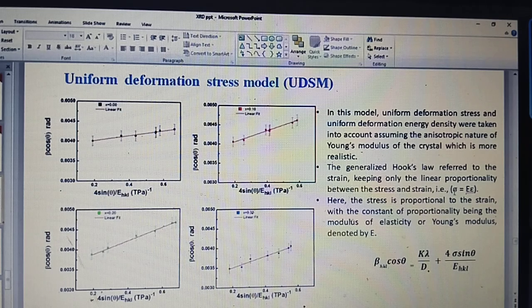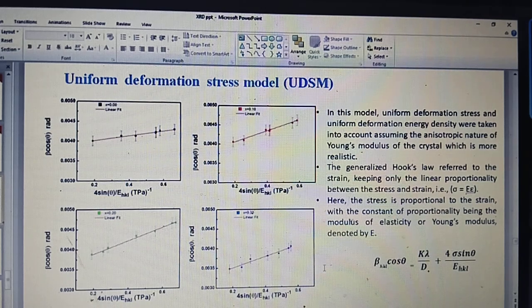Young's modulus is equal to stress upon strain, so we are using this formula. Instead of strain, we can write sigma upon E in the same formula we used in the previous slide: beta cos theta equals k lambda upon d, and instead of epsilon I am using sigma upon E.